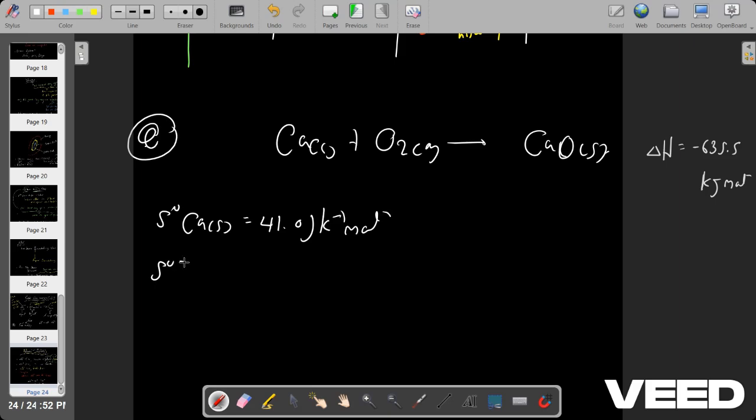S naught for oxygen gas, 205.0 joules per Kelvin per mole.